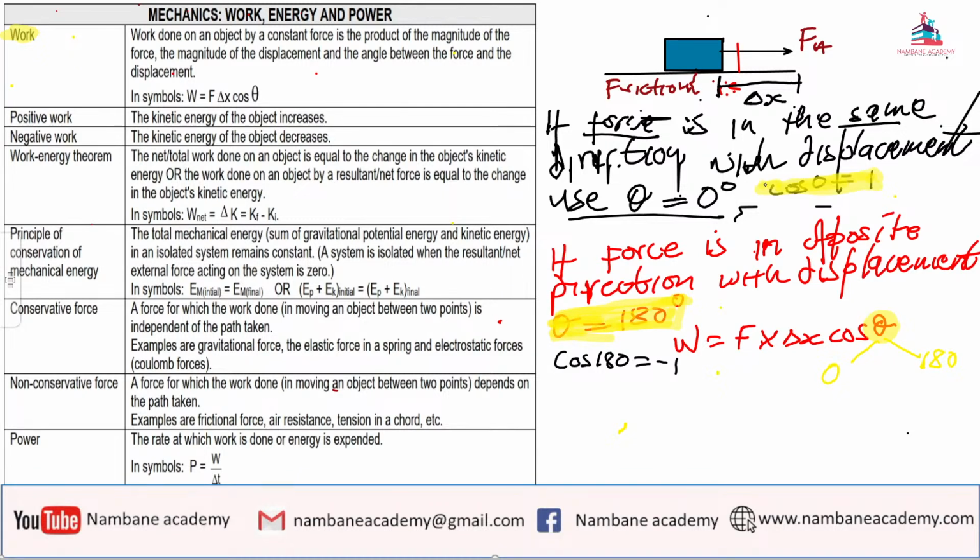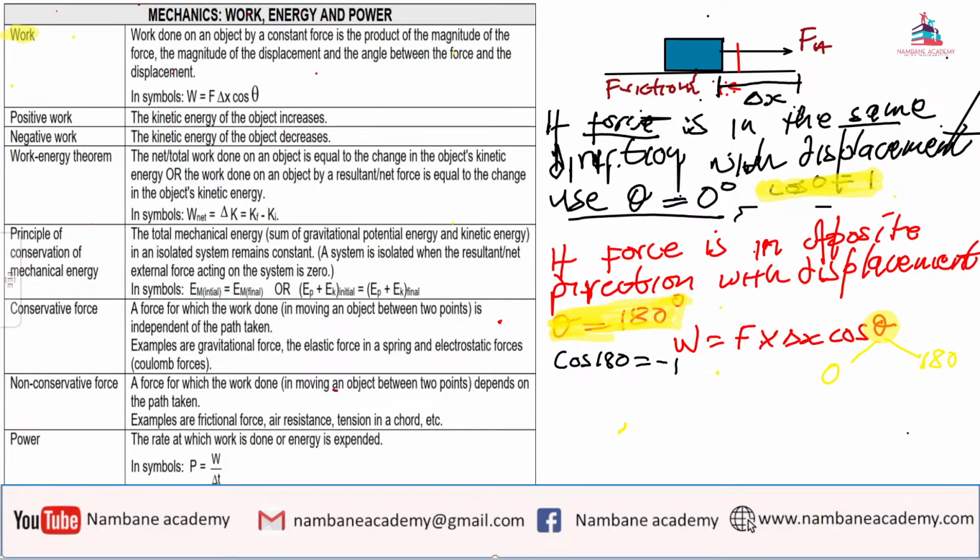Now, the issue of positive work and negative work comes from the angle that is now parallel to the surface. Hence, we are only going to use 180 and 0. But what does it mean when we have a positive work? It basically says the kinetic energy of the object is increasing.